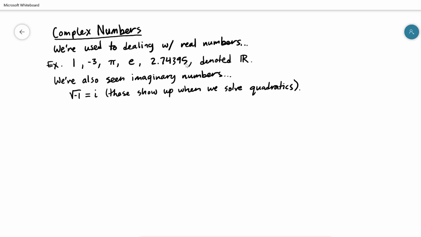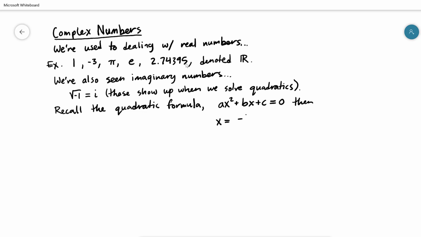So recall the quadratic formula. It may have been a while since you've seen this. But the quadratic formula looks like this. If we're trying to solve ax squared plus bx plus c equals 0, this has solutions that look like the following.